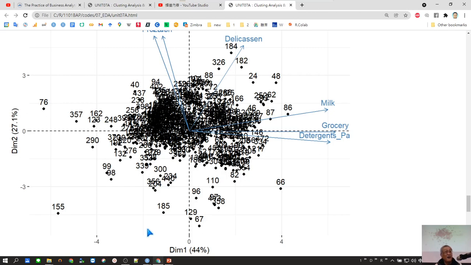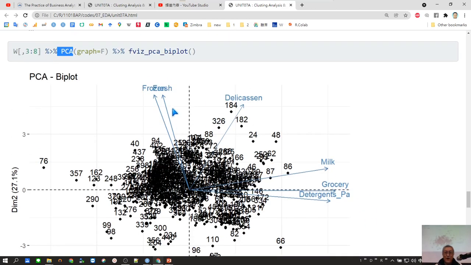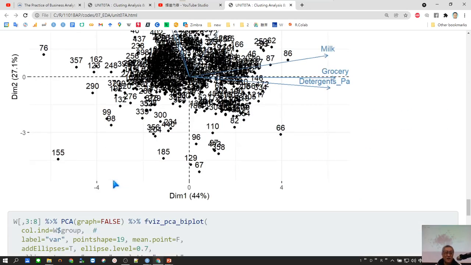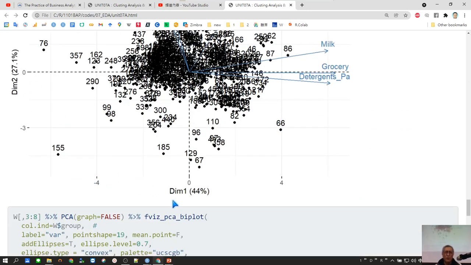But that depends on the data, right? If all of the variables are not correlated to each other, then the information retained will be poor.